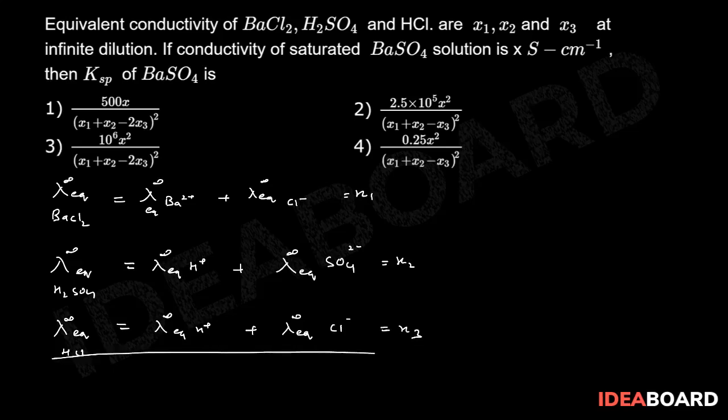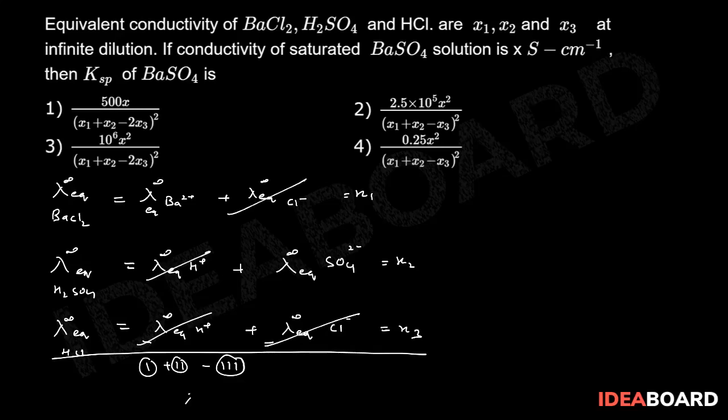Now we have to calculate lambda equivalent at infinity for BaSO4. So if I add 1 and 2 and subtract 3 from it, that means this will become negative, and this value will cancel this value, and this value will cancel this value.